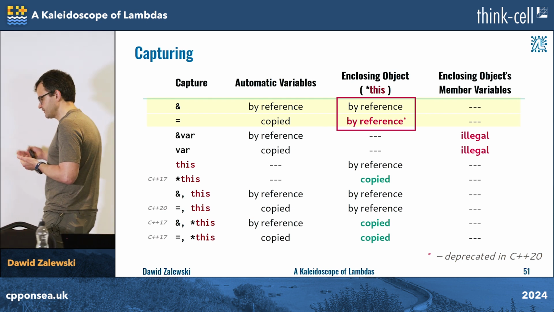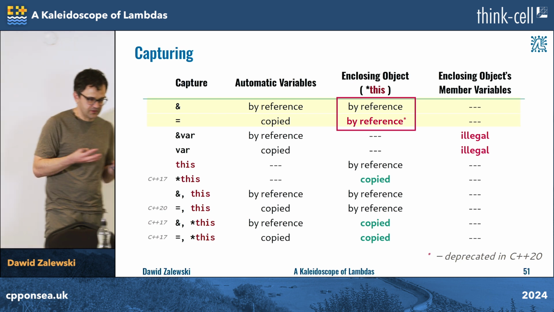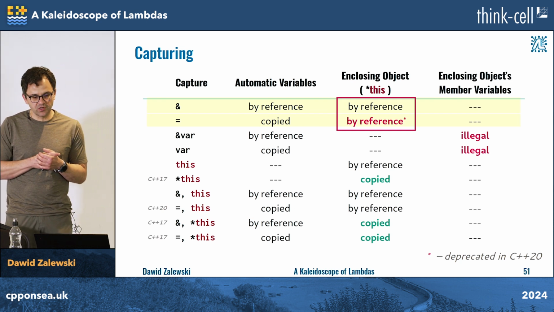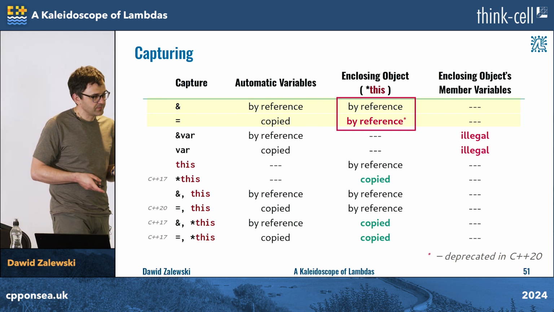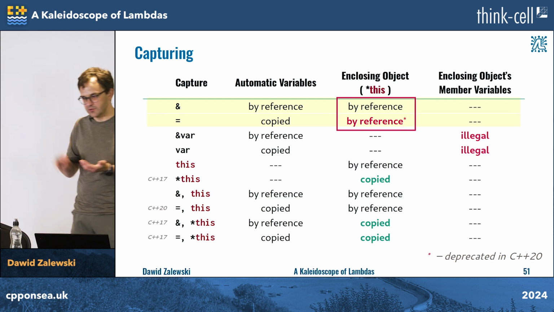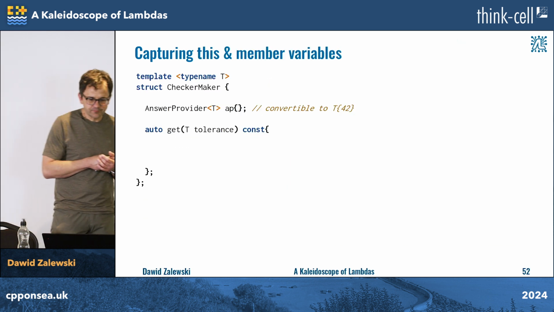Nowadays, since C++20, when you capture by copy using the equals symbol, no more will your surrounding object be captured at all. You have to do it explicitly by saying how you want to capture it, either by reference or by copy, using this or asterisk this. Why is it important?